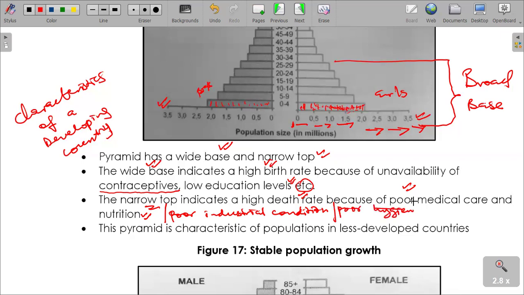Poor hygiene can be poor hygiene and sanitation, and also environmental wellness.